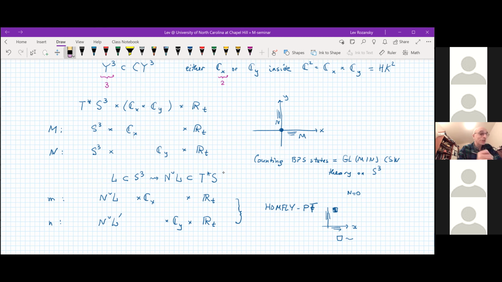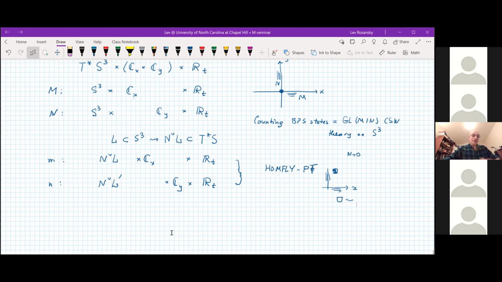Maybe I should go into these details. So, yeah, I like M theory very much, especially since it's M seminar. But you see, it's too much physics for me, and I do not see still the count on the resolved conifold, which you mentioned in the very beginning.